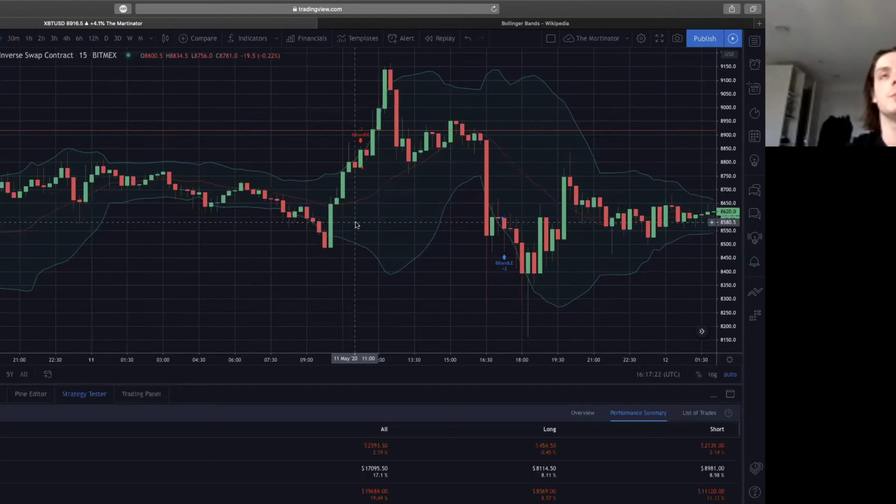If the price goes above the upper bound of the Bollinger Band, then you have a signal for buying. And whenever it crosses back the bound, then it's a signal for selling your long position. And of course, the same is true the other way around. If the price goes below the lower bound, you go short, and you cover if you cross again into the region of the Bollinger Bands.